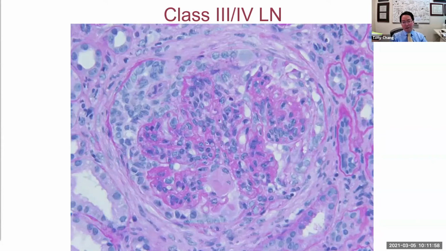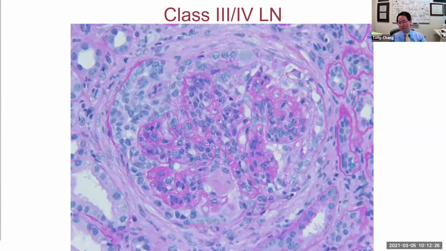And so this is where sampling is always important. We certainly prefer as much tissue as possible, and our confidence in the accuracy of our classification starts to increase when we have at least 10 glomeruli. But even if you had 50 glomeruli, you can start playing the game of, hey, if you had 25 glomeruli with active lesions, that's class 4.